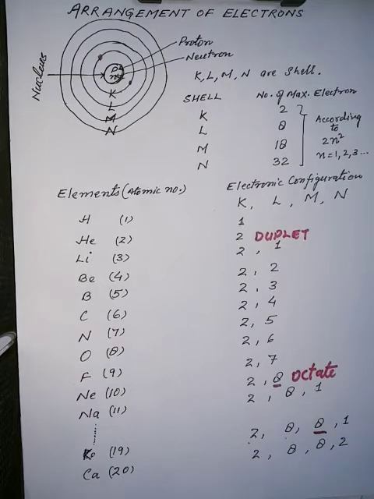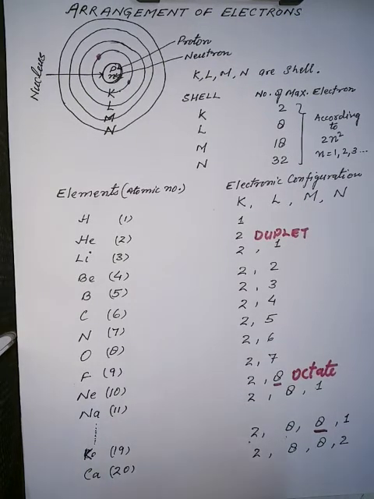Here in the third shell the maximum capacity is 18, but we cannot put more than 8 electrons in the outermost shell. Once the shell carries 8 electrons, the next electrons will be filled into the fourth shell. But we are having the syllabus up to 20, so we will write 2,8,8,1. In the case of 20, it will be 2,8,8,2.